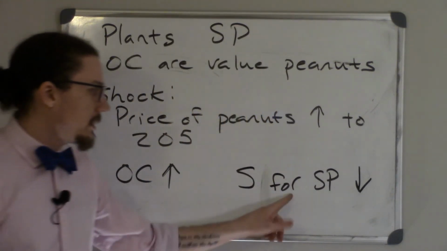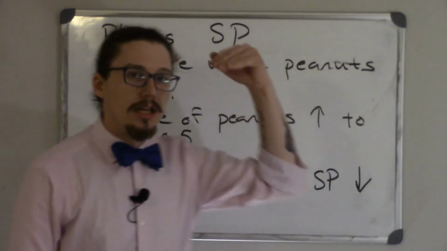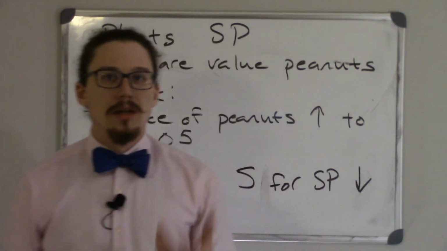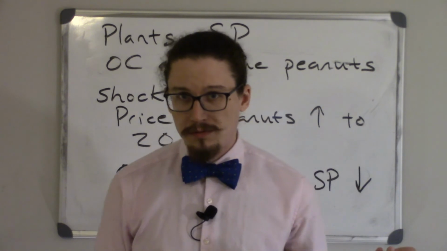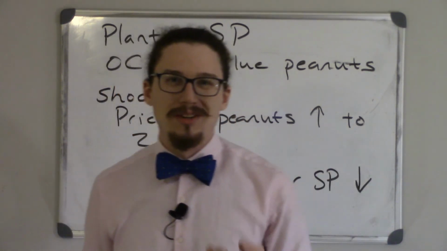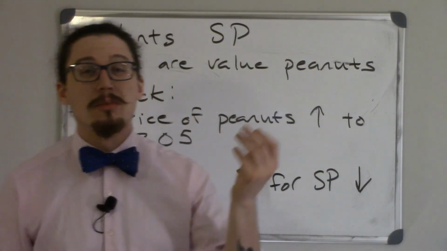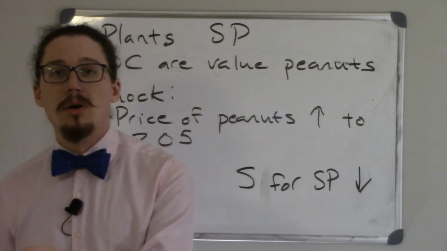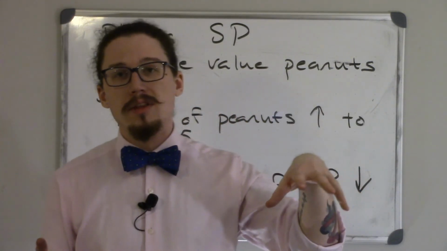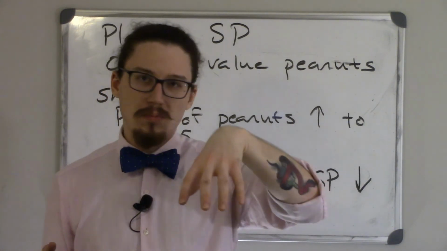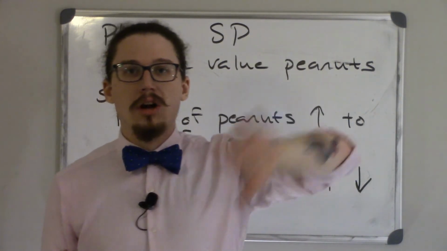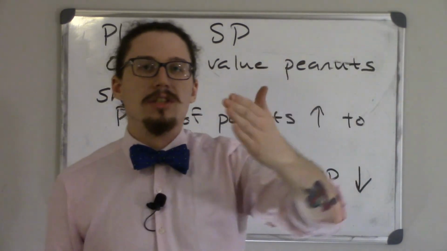And so the supply of sweet potatoes, which is what we're looking at, is going to go down, because Farmer Brown is going to switch from growing sweet potatoes to growing peanuts. So all of the sweet potatoes that she was going to supply now or in the future are no longer there.